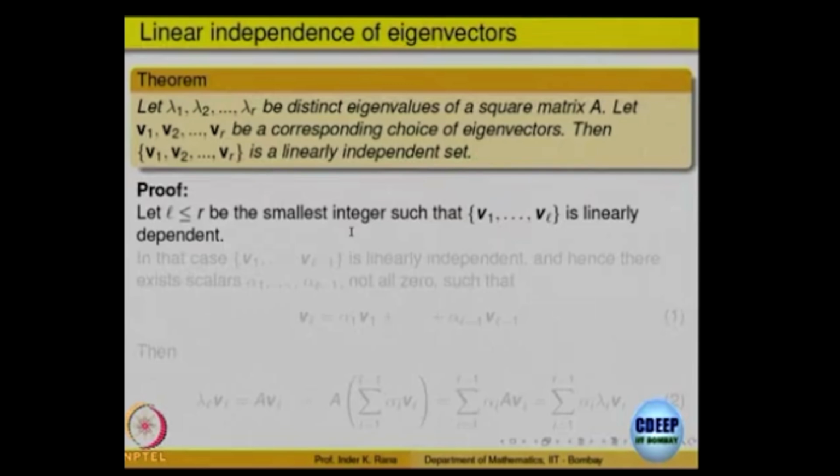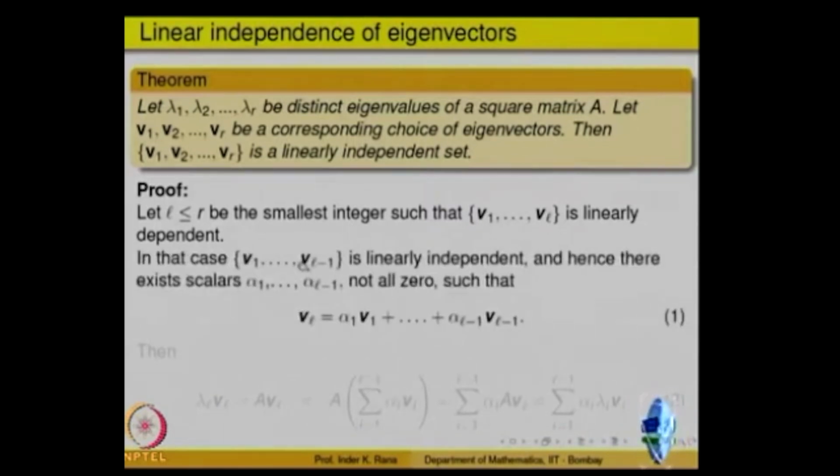This is the smallest collection which is linearly dependent. So if you take fewer, it should be independent. That means v1, v2, ..., vL minus 1 is a linearly independent set. So that means what?